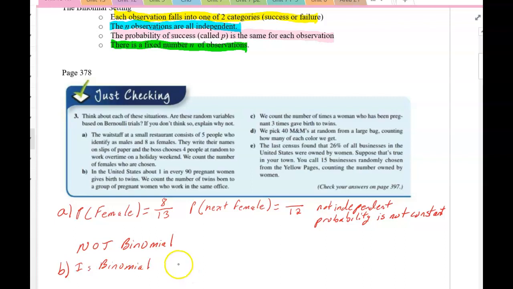Okay, part C. We count the number of times a woman who has been pregnant 3 times gave birth to twins. This one's a little harder. We have to have some knowledge, and we're also not referencing part B. But the probability that someone gives birth to twins increases if they've already had twins. So in letter C, they are not independent.